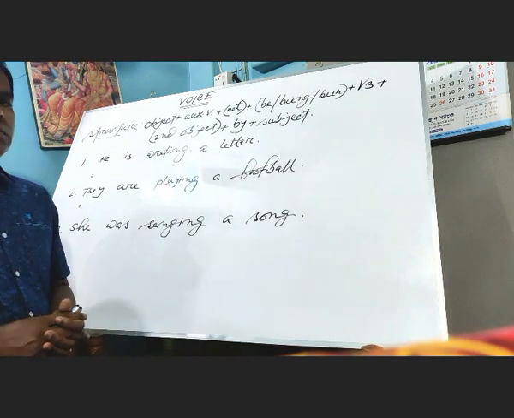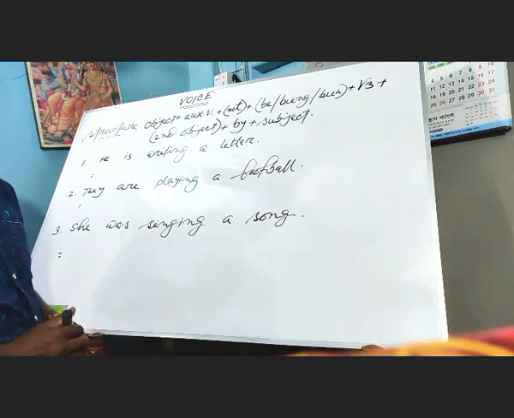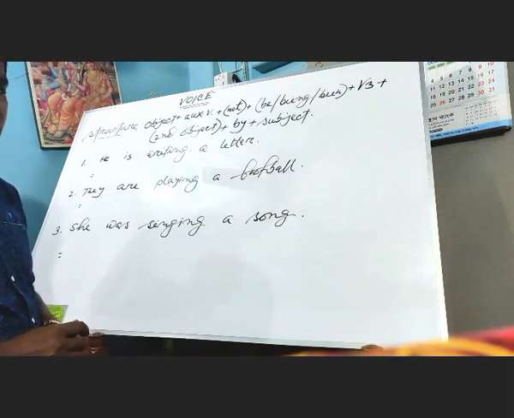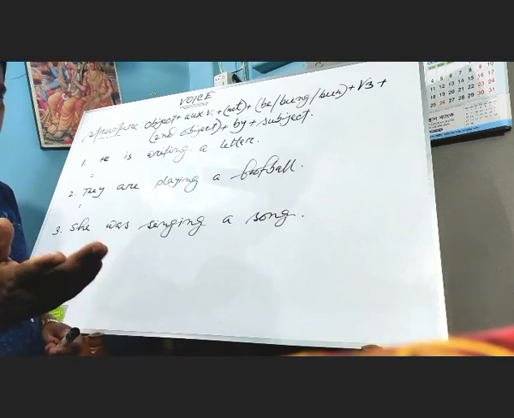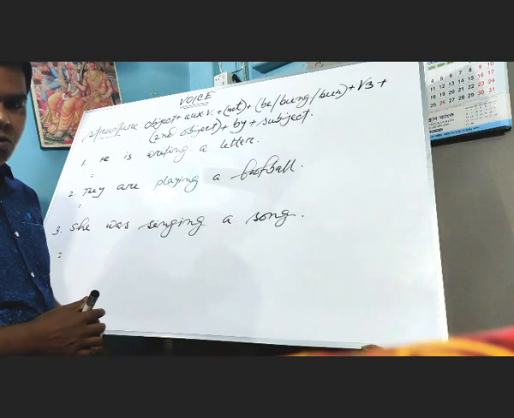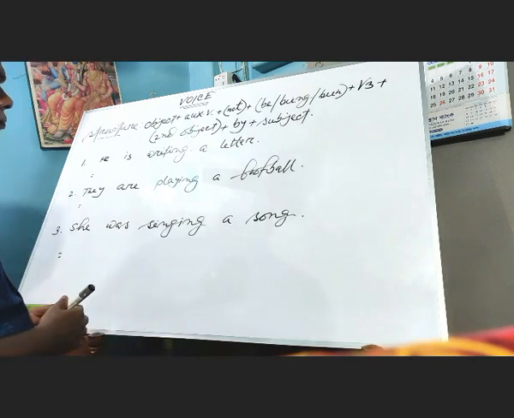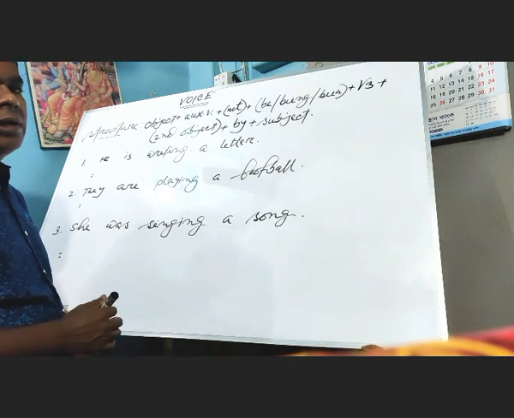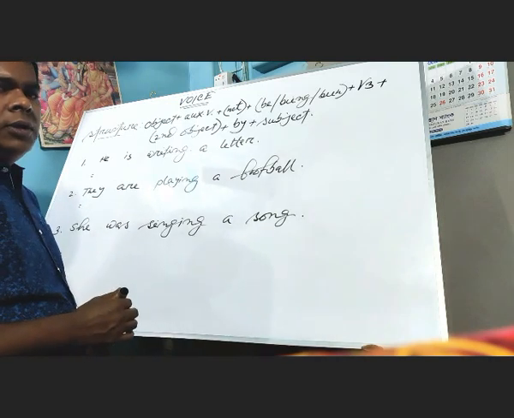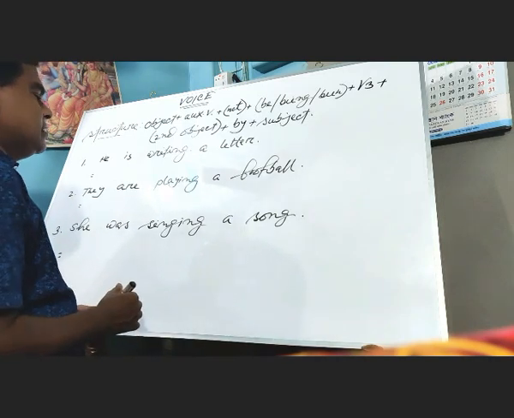Students, if I ask you what is the first activity in changing voice from active to passive, the answer is to pick up the object. So how will you recognize the object of a sentence?